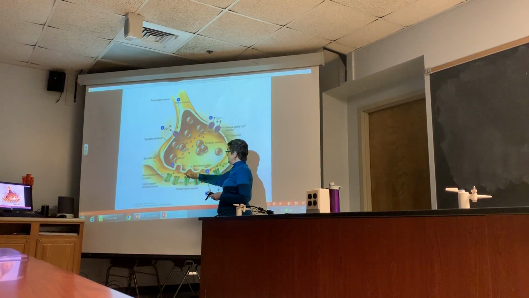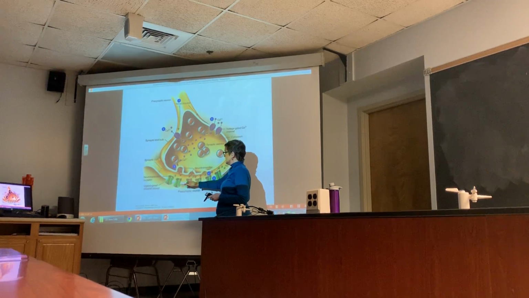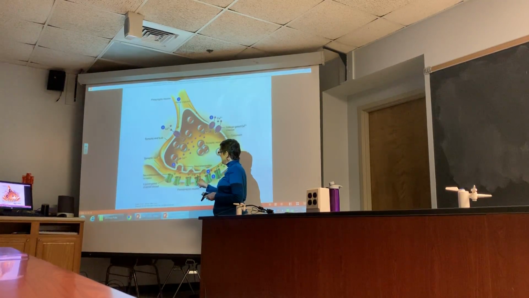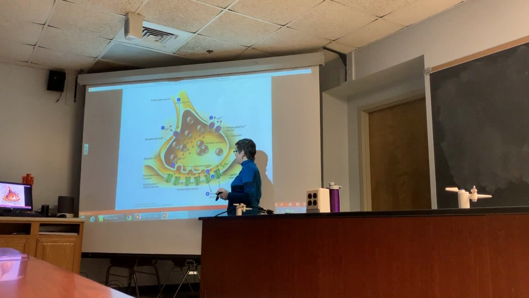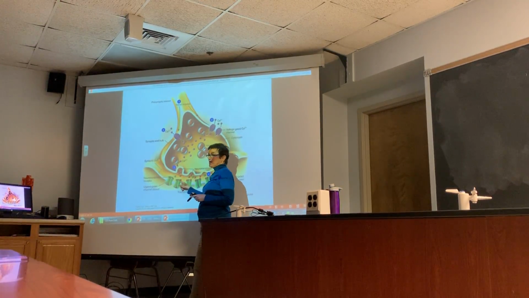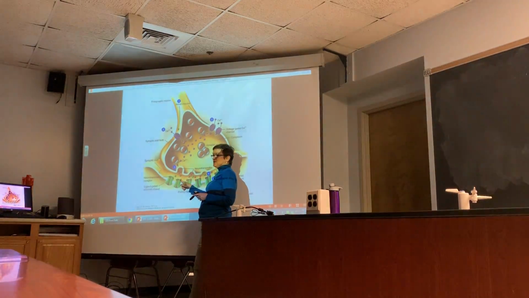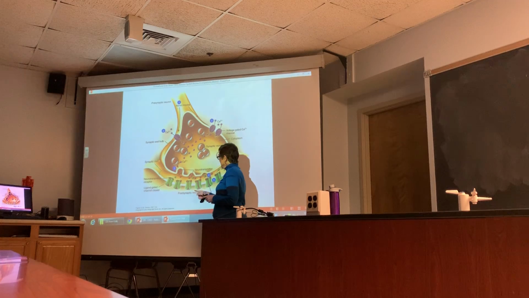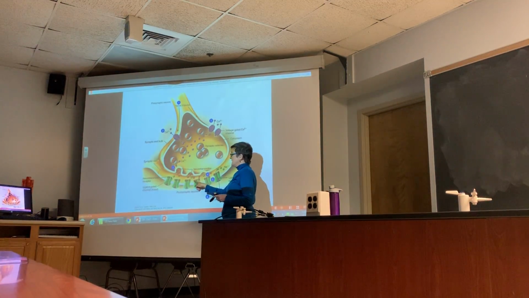The neurotransmitter shown in brown travels across the synaptic cleft, binds to the receptor for that neurotransmitter, and normally you have two receptor sites. So if only one gets bound, then nothing happens. You have to have two. It's like a trigger.